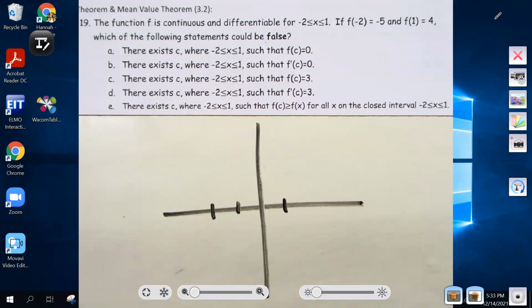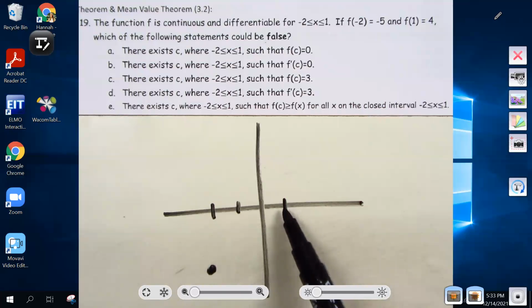So part A says there exists C on the interval such that f of C equals 0. I understand that this must be true, because at an x value of -2, we've got a y value of -5, somewhere down here.